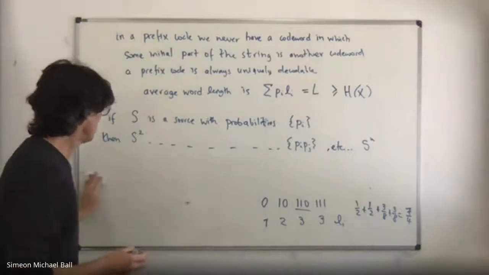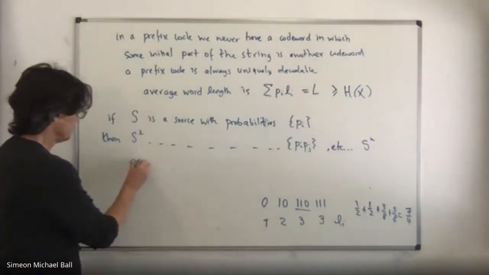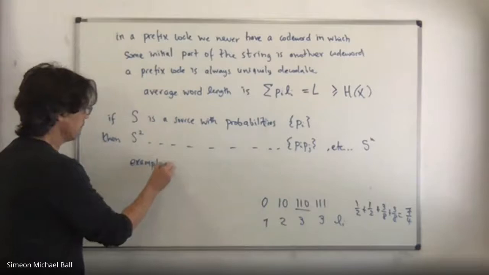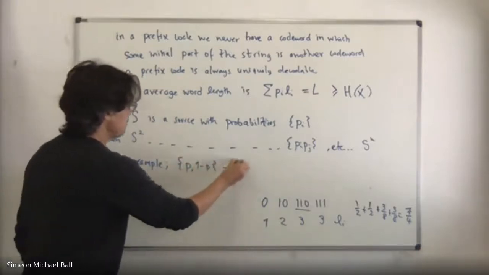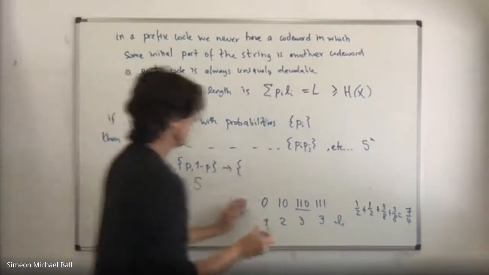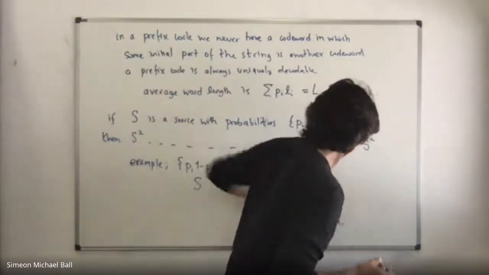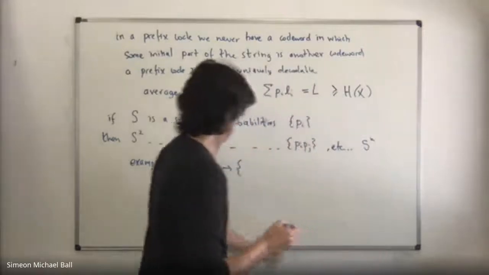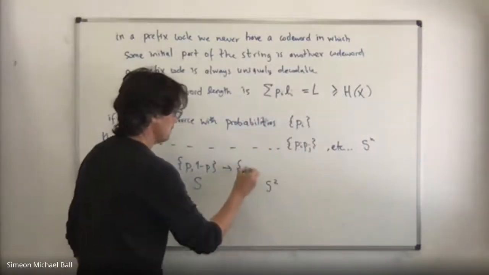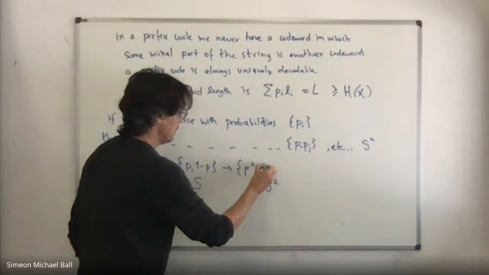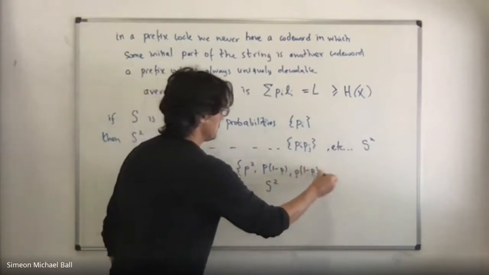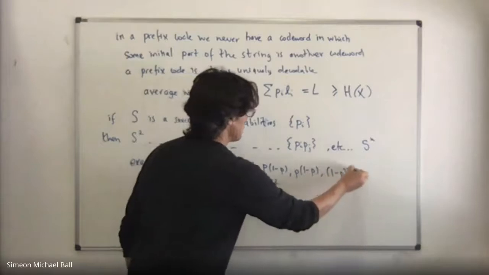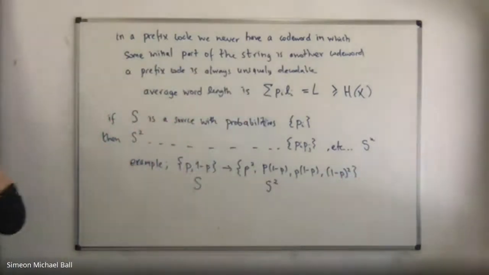So for example, if the probabilities again were p and 1 minus p, then this was S, then S squared would be p squared, p(1 minus p), and so on. Okay, this will be the probability distribution for the product source.